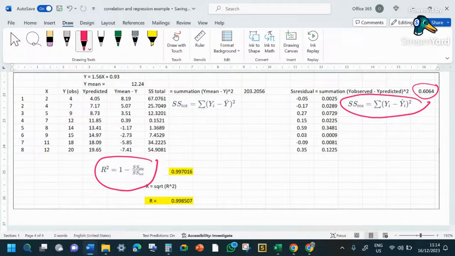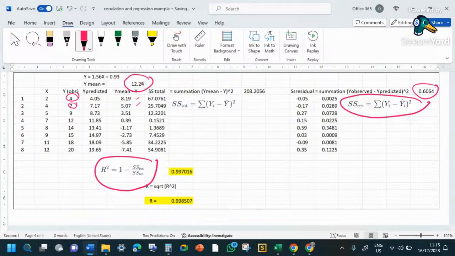Here, for the SS total, you get the summation of the y mean minus y, where y here is observed. So how do you get the y mean? You have to sum up all the y observed, divide it by the number of observations, then you get your y mean. And then you get y mean minus each y.